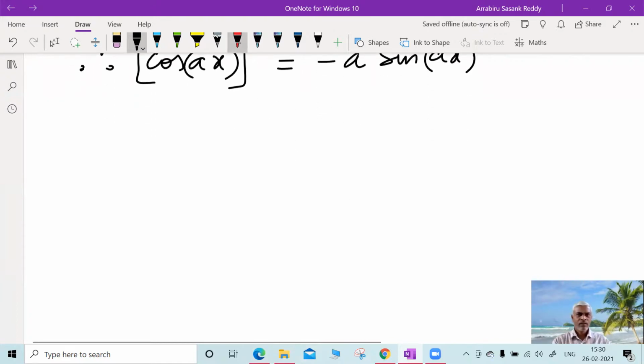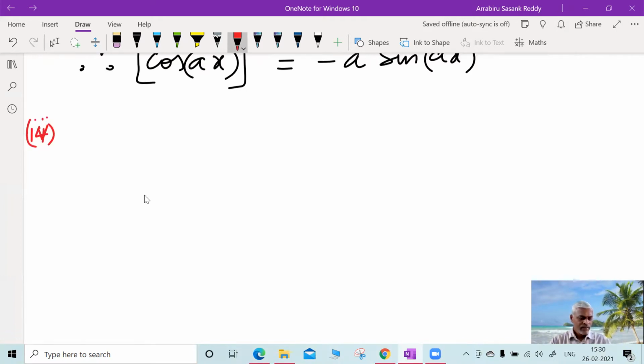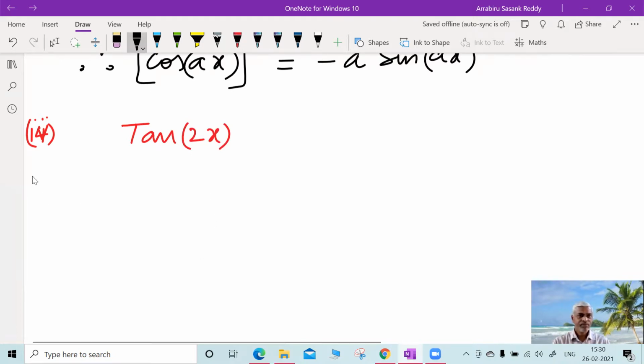Almost all are the same method. Next, let us practice one more, tan 2x. Find the derivative of tan 2x by using first principle. Very, very important.